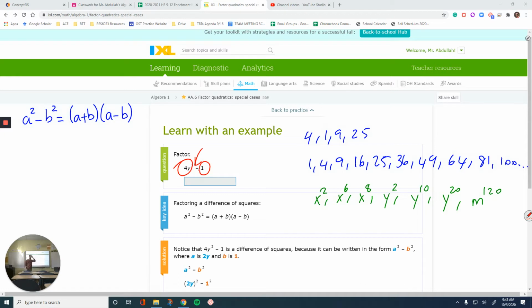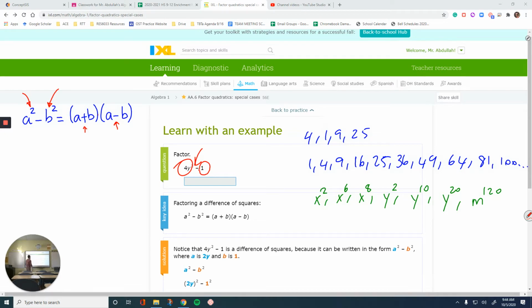So now I can apply the formula. The formula wants me to figure out what I need to multiply by itself in order to get a squared and in order to get b squared. Those terms are a and b, and all I do is add them, subtract them, and then multiply them together.